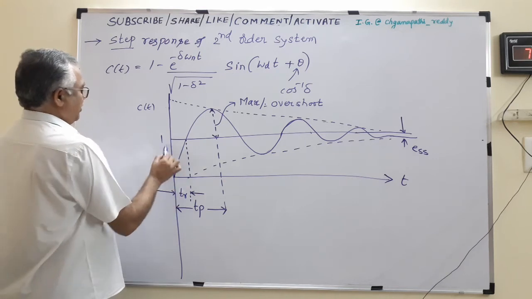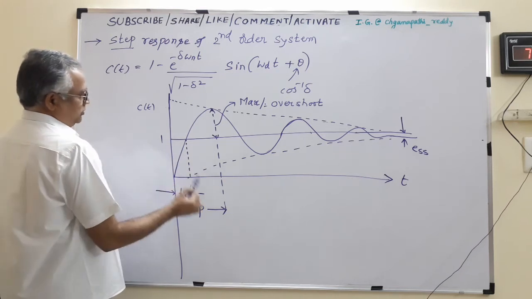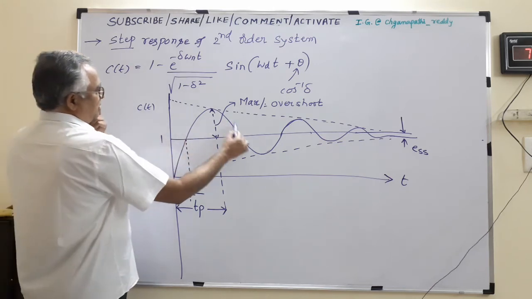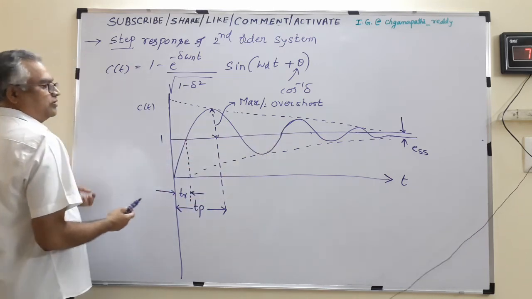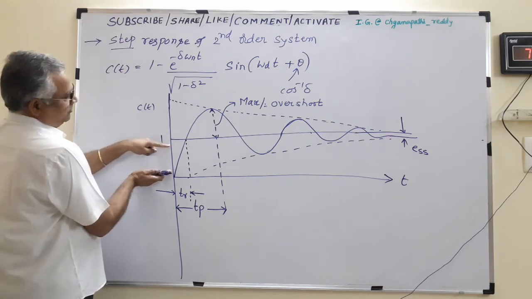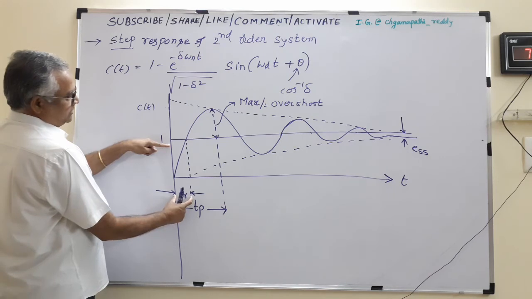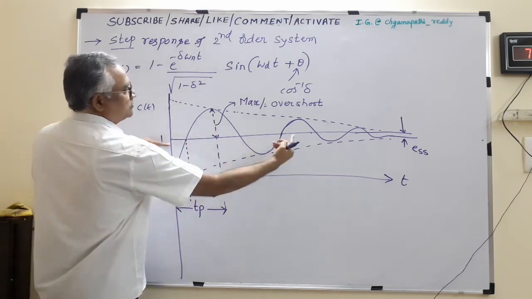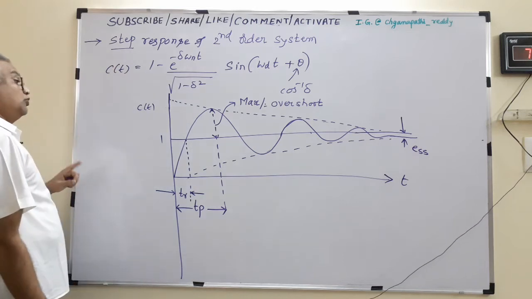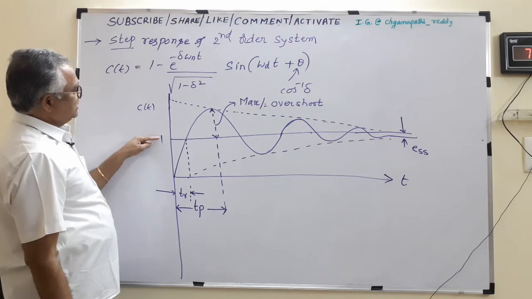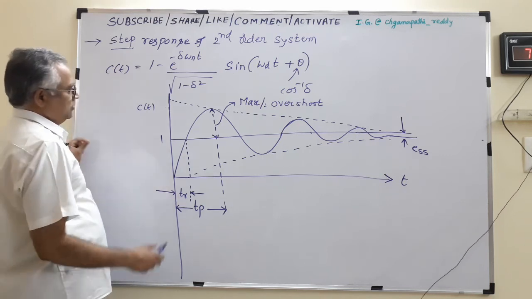So 0 to 100% if it is underdamped. If it is overdamped, 10% to 90% is also rise time. If there are no overshoots or undershoots and it is going like this, that is called overdamped. For underdamped, the time taken to reach this value is the rise time.